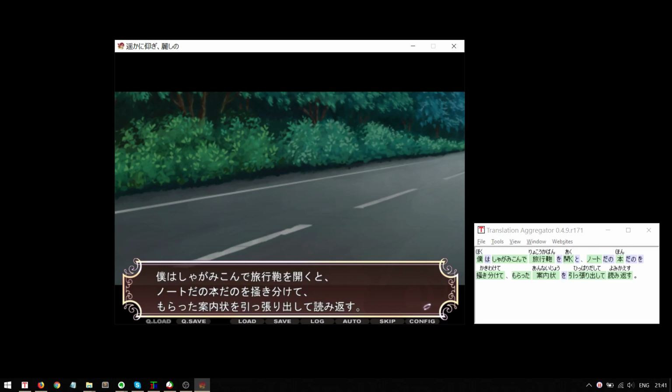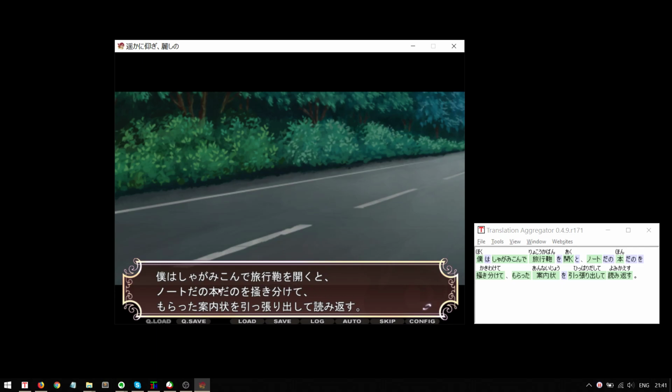僕はしゃがみ込んで廊下カバンを開くと、ノートだの本だのを書き分けて、もらった案内状を引っ張り出して読み返す。So here, しゃがみ込む means to bend down, and 廊下カバン again is the travel bag.